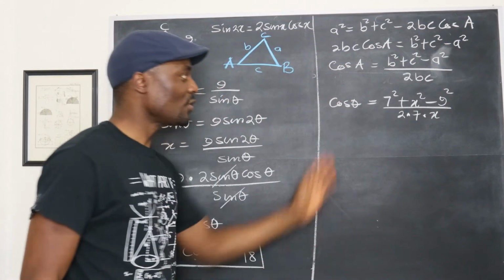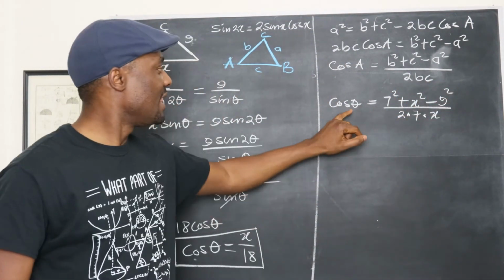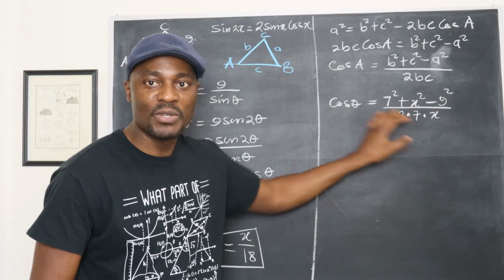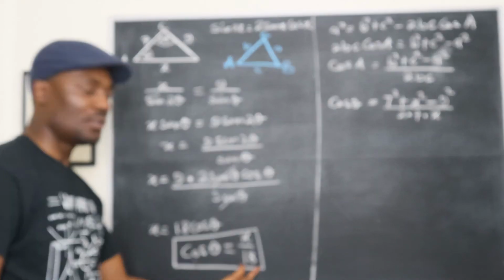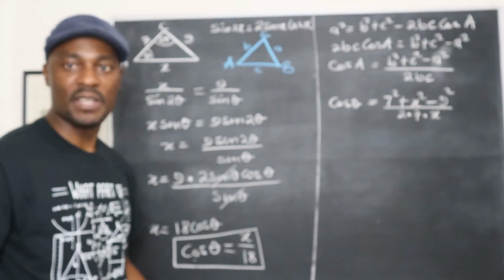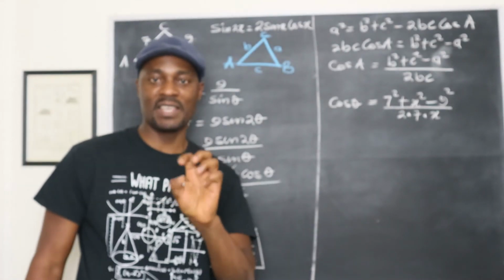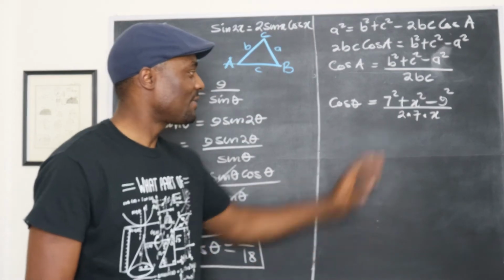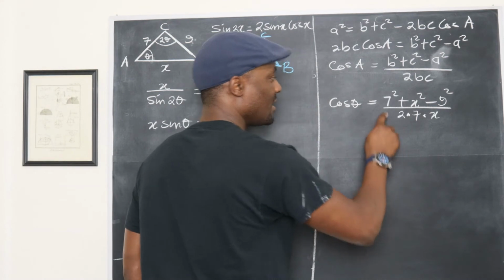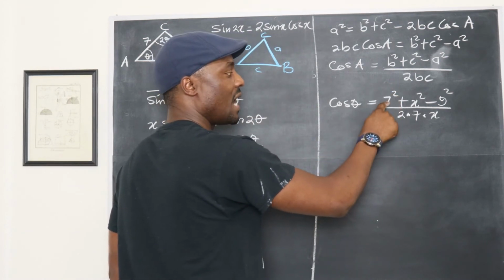Okay, so let's simplify this quickly, and then we get another equation in terms of cosine theta. Then what we get on this side will be equal to x over 18, and then we can solve the equation. Yeah, sorry, I see my camera somehow is trying to catch my focus. Okay, but let's finish this. So this will be the same thing. This is 7 squared is 49.